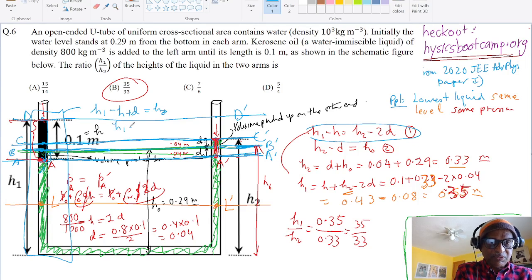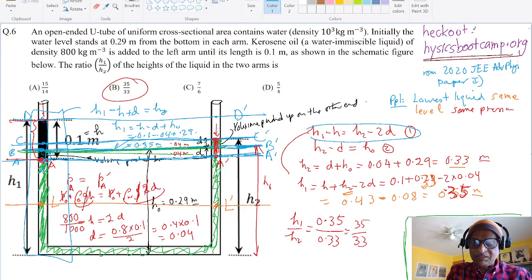So H1 is going to be H minus D plus H0. So H is 0.1 minus 0.4 plus 0.29, so this is also 0.39. Take away 0.4 is 0.35 meter. So this is the same as that.